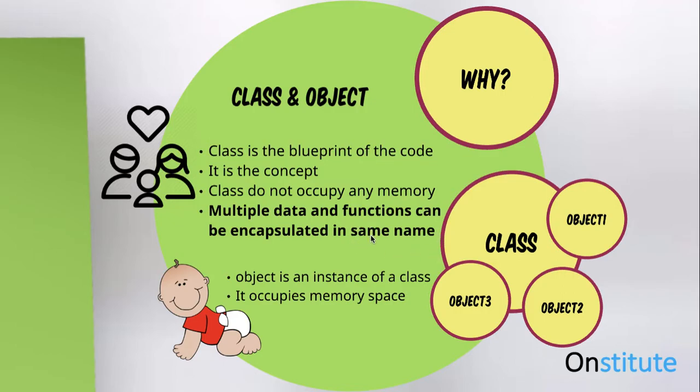You can compare it to the concept of an array that you have learned in this course. An array is a collection of homogeneous data elements, that is, all the data elements inside an array are of the same type. However, in a class, you can encapsulate multiple types of elements. Also, you can encapsulate functions.